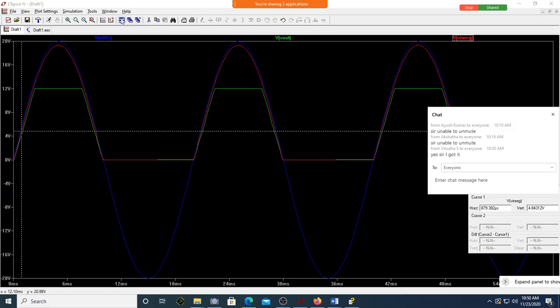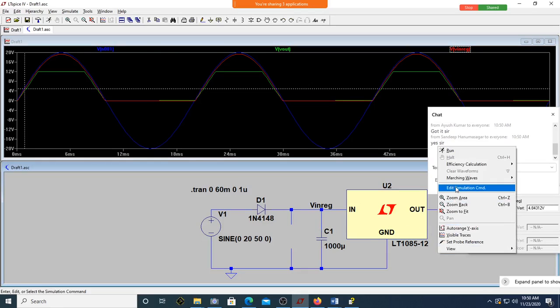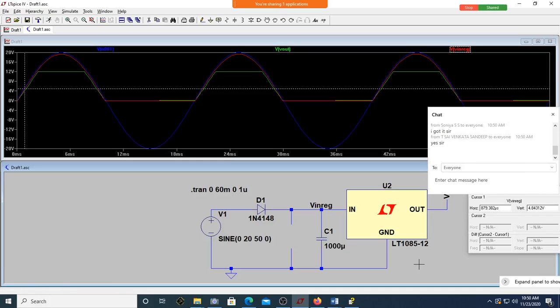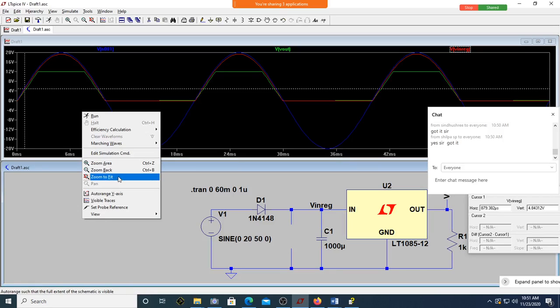Okay, what I'll do, I will undo this. I'll put a resistor, R, and make the connection to F3. I'll make this equal to 1K, and I will use this param.